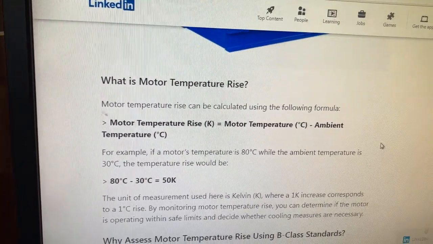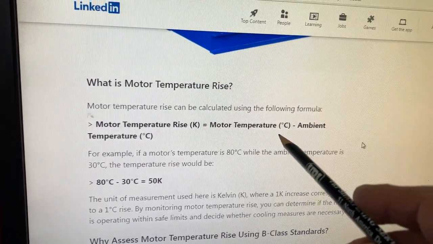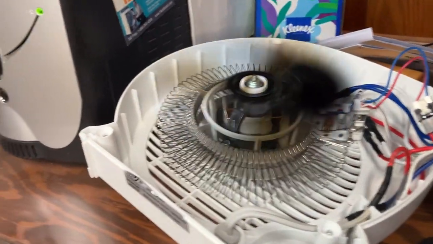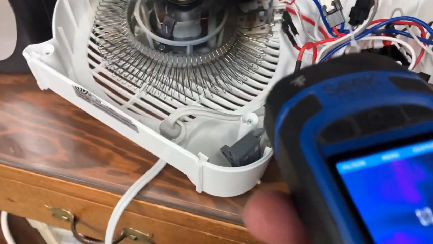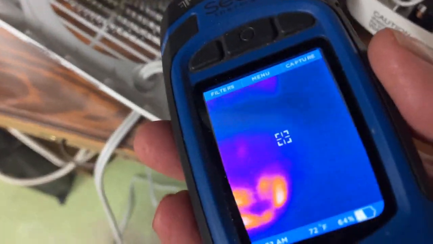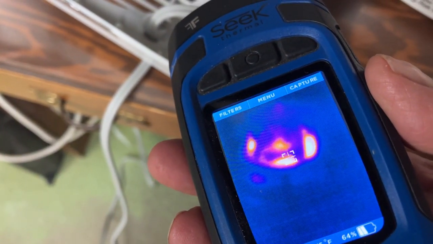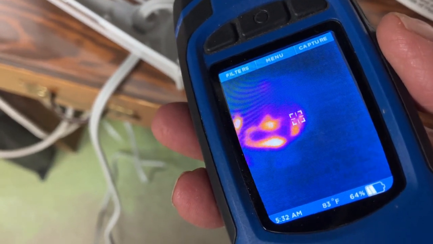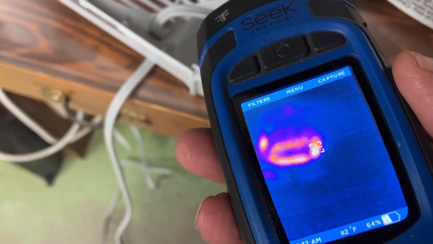So motor temperature rise equals motor temperature in degrees C minus ambient temperature in degrees C. All right, so this is 70 degrees in my basement, and I don't have an infrared thermometer, so let's see. It's like 81, 82, 84.